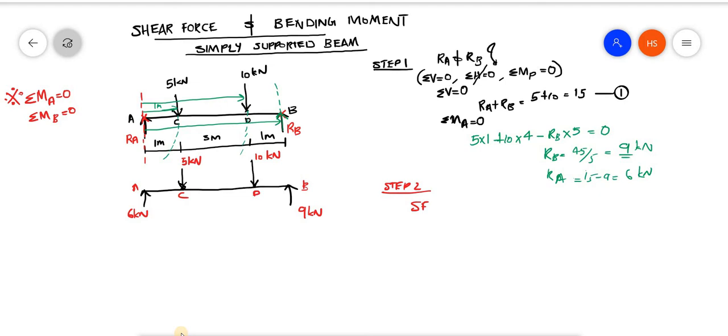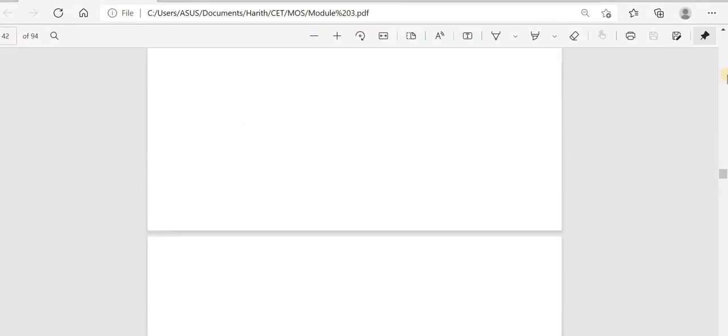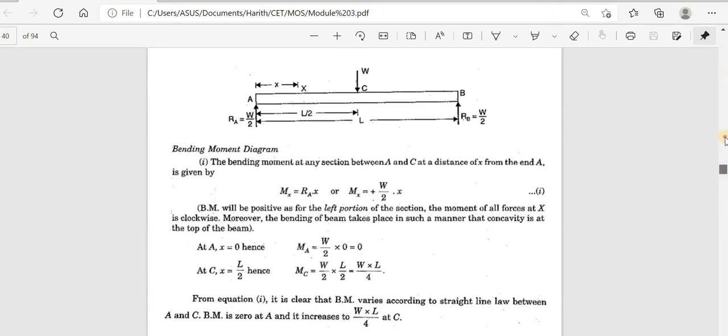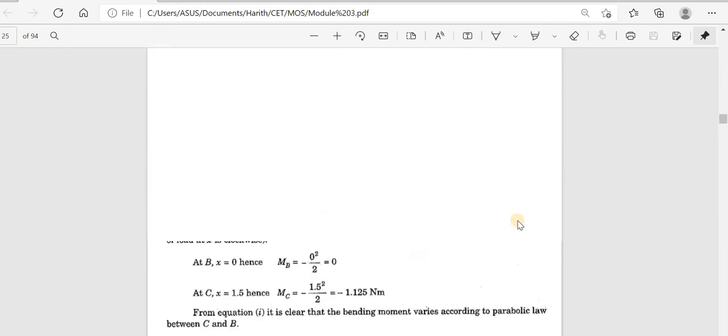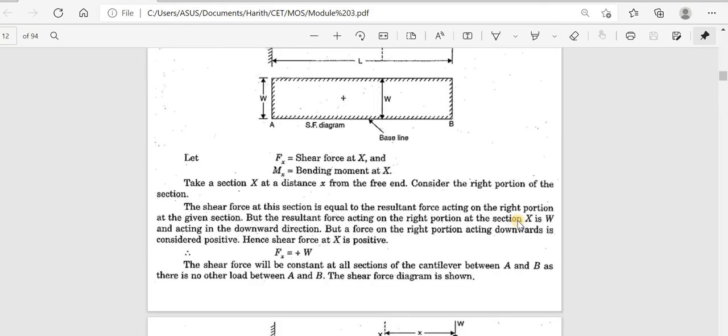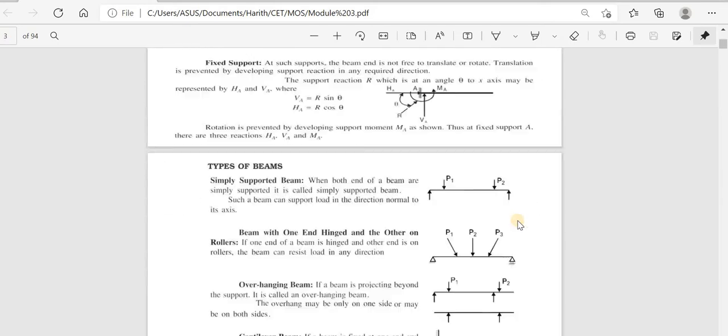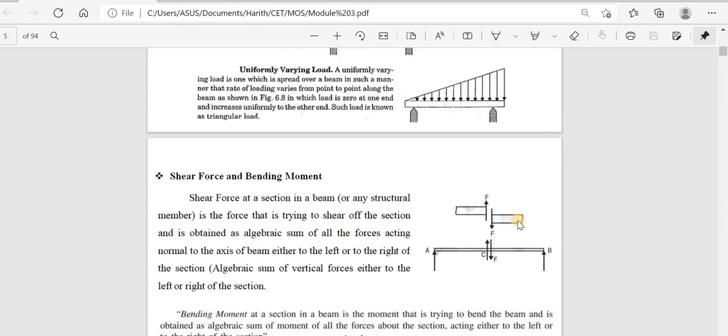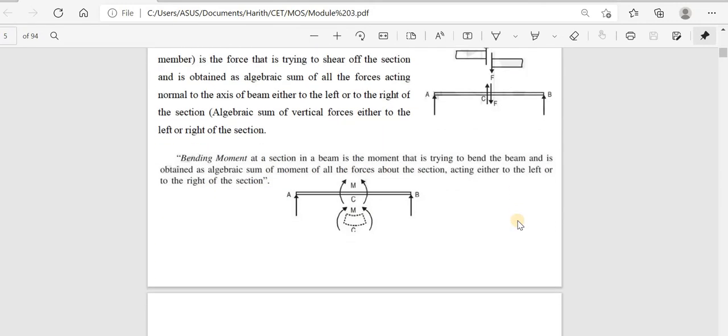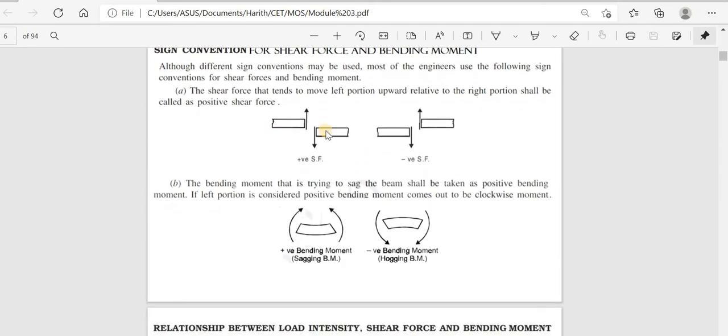You can take either the left or right end, following the sign convention which we discussed yesterday. Once again, the sign convention we follow in our class: if the left of the section is moving upward, it is taken as positive, and right moving downward is taken as negative, and vice versa.